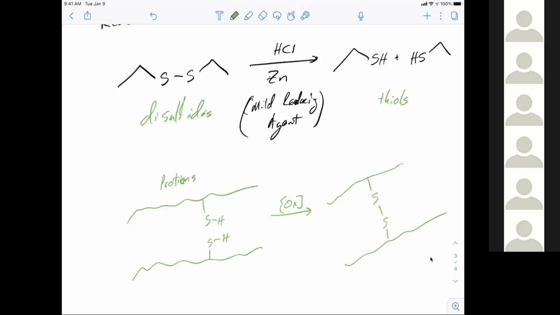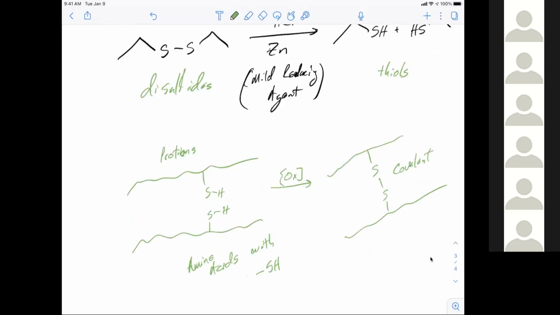But in this case, there's actually a covalent bond. So we have amino acid moieties with mercaptan side groups, so thiol side groups on them, and then those can, through a mild oxidant, be converted to a covalent bond.